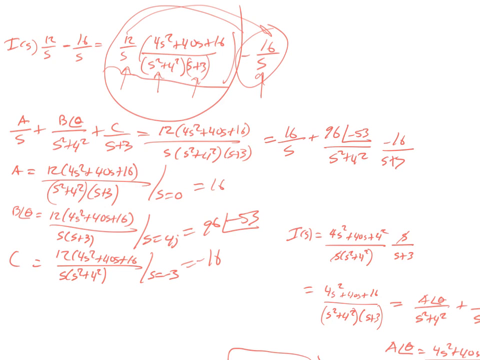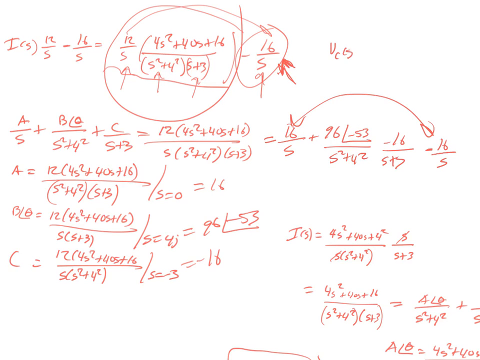And remember, I've got the negative 16 over S here, right? So that is going to be added to the end over here. These two terms have to cancel each other out. Remember how I said I kept it out at the beginning? So I'm putting it back in there and they cancel out.